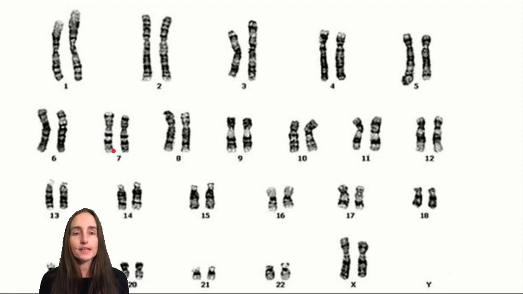Now the question is, what is dominant here? If you have the CFTR gene that actually codes for a working protein, it works well enough that you don't show cystic fibrosis. And so it's okay for you to just have one. This other one doesn't code for a working protein, but you don't notice that if you have a working one over here.